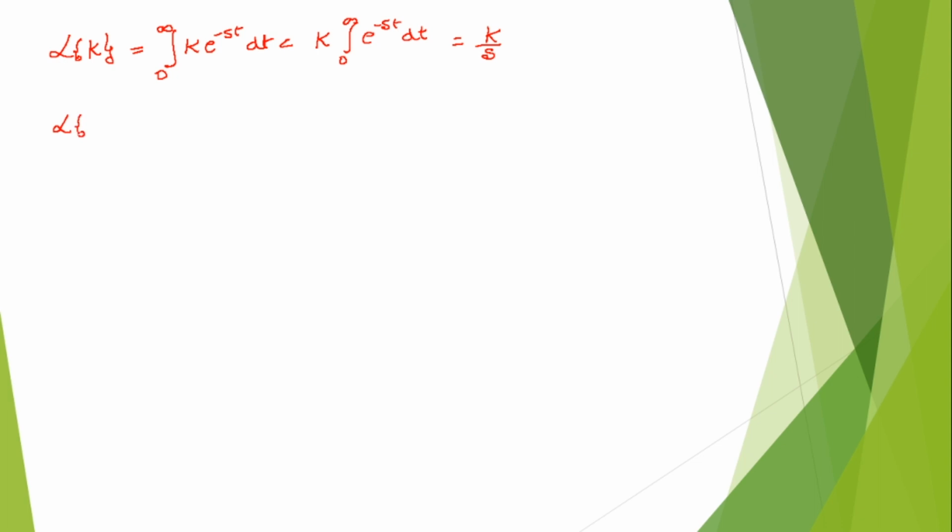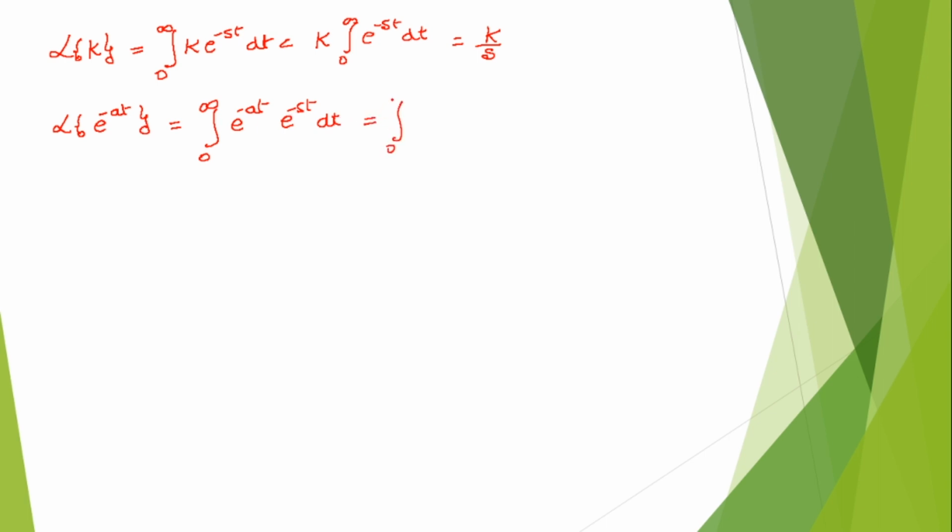Now Laplace transform of exponential decaying function. Laplace transform of e to the power minus at. Now according to the definition, 0 to infinity e to the power minus at e to the power minus st dt. So e to the power a into e to the power b is equal to e to the power a plus b.